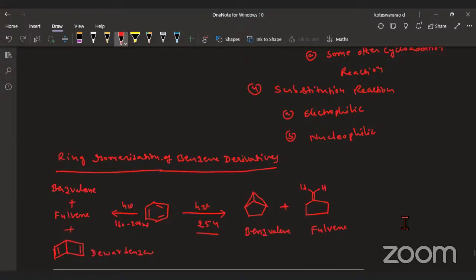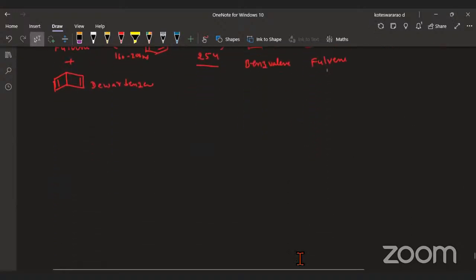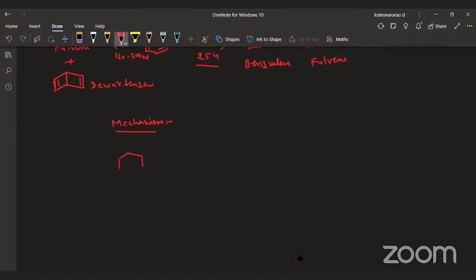These three products are generally seen, and how are these compounds generated? When you come to the mechanism, the benzene is subjected to radiation at 254 nanometers.